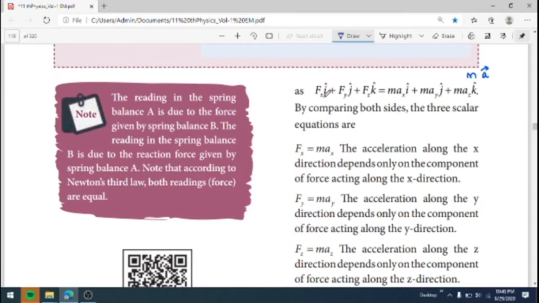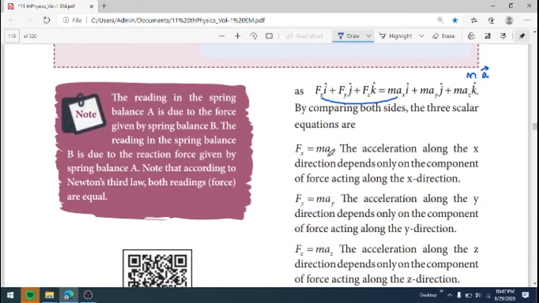When you compare both sides, left hand side with the right hand side, component by component, we get Fx is equal to m ax.